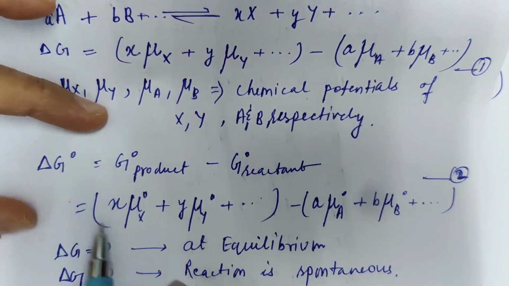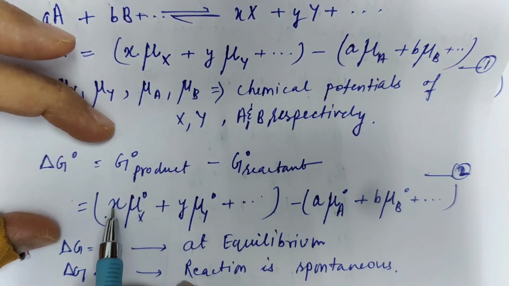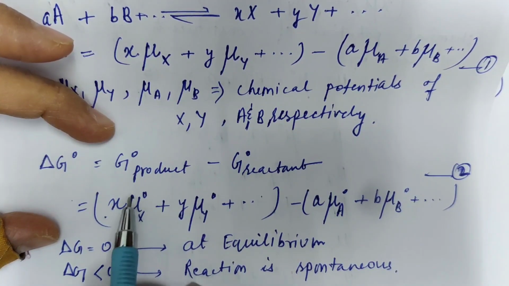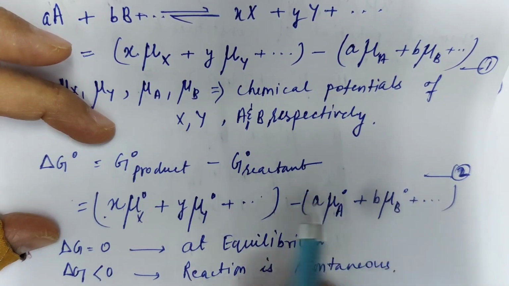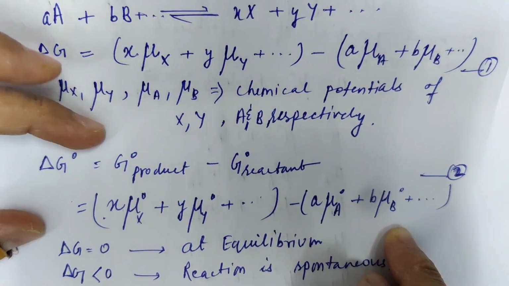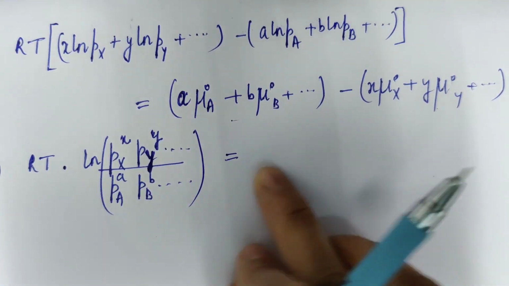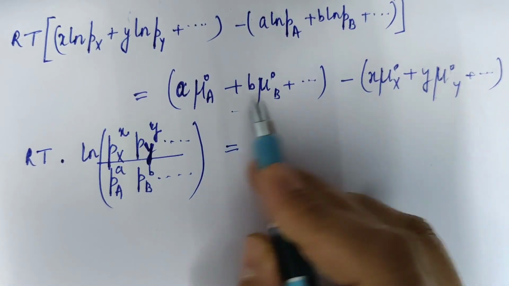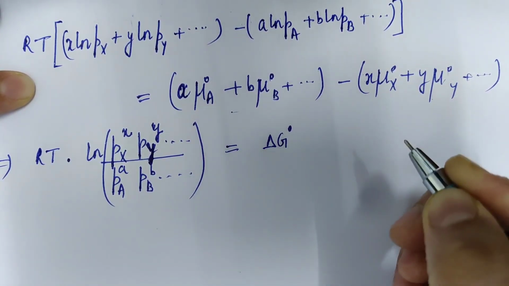So delta G naught is equal to x into mu naught x, that is standard chemical potential of x. So this equation was in terms of standard chemical potentials of your reactants and products. So this equation I am going to use here. So this whole term is nothing but delta G naught.